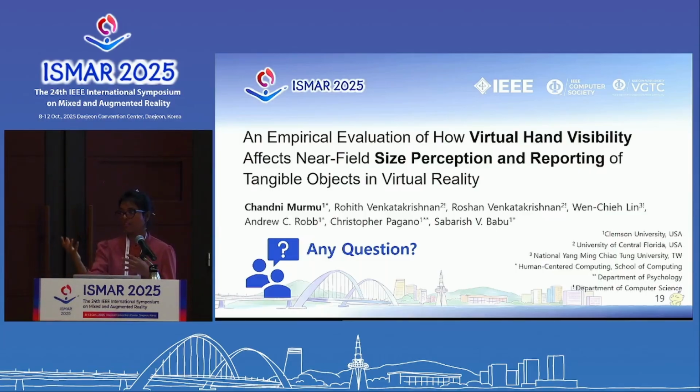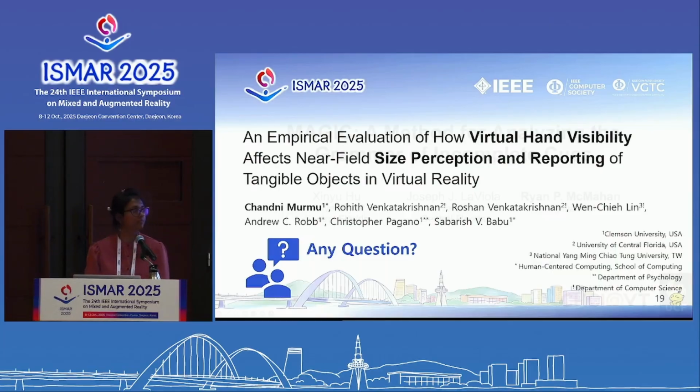So when they are interacting with the task and trying to perceive the size, whatever normal influence they have with their hands, it will exist in virtual reality also. So that should not impact anything if the hand avatars are scaled to the actual hands. Okay. Yeah. Thank you, Chandni.